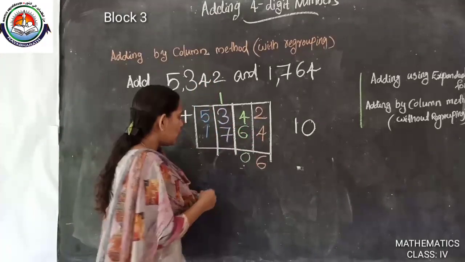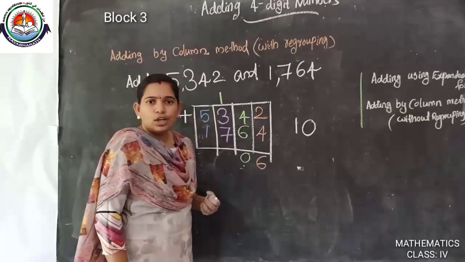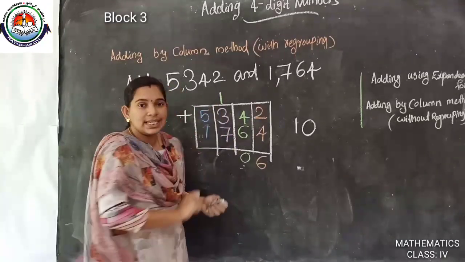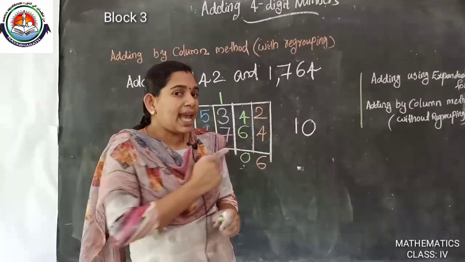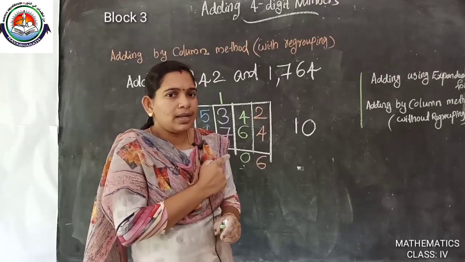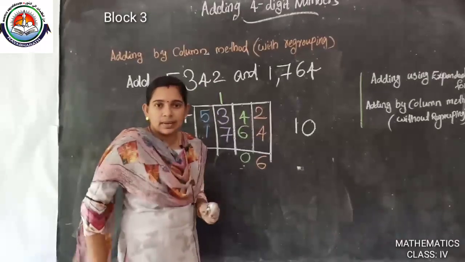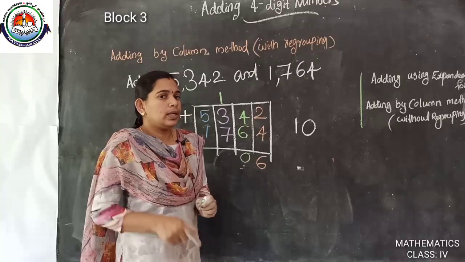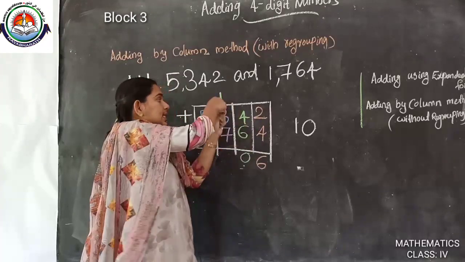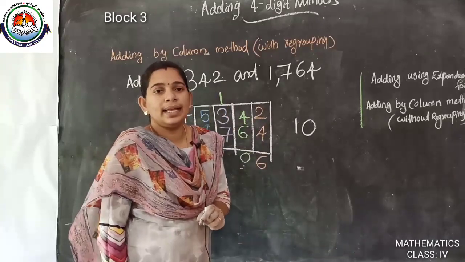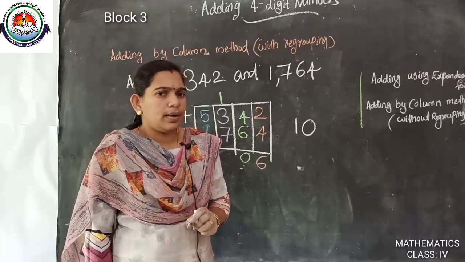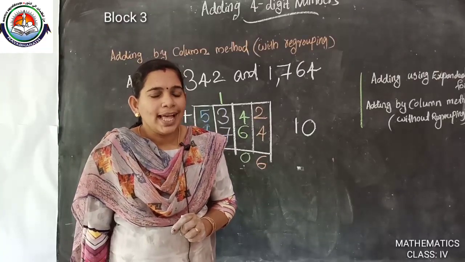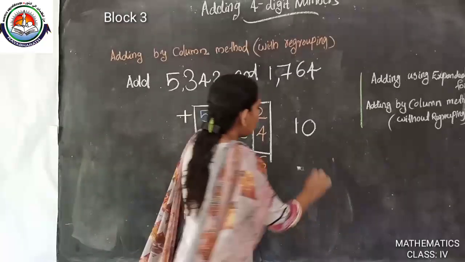Do you want to write 0 here and 1 as carry? No, we have 1 carry there. Do you remember? We wrote 1 carry here. So this 10 plus this carry. What is the value of 10 plus 1? 11.